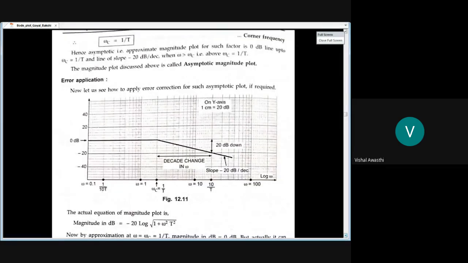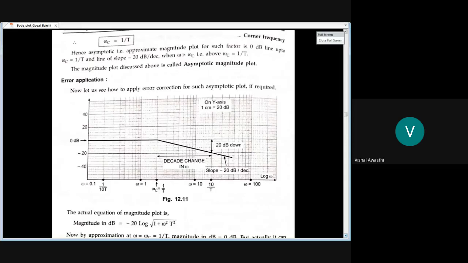So last time this discussion was done a little, and you can see the graph of this Bode plot on your screen, in which you can see omega c is equal to 1 by t. Till this frequency, the magnitude is showing 0 dB.